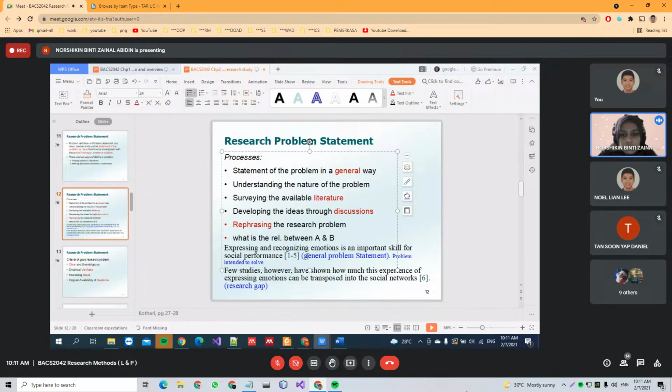So this is the general problem statement. Then the research gap: few studies, however, have examined how much this expression.